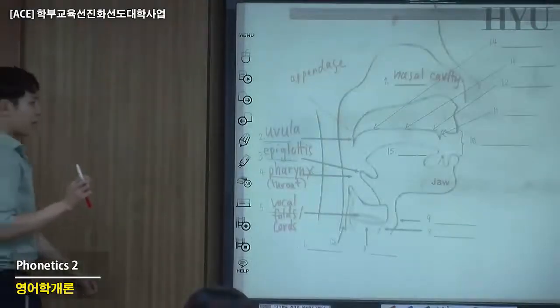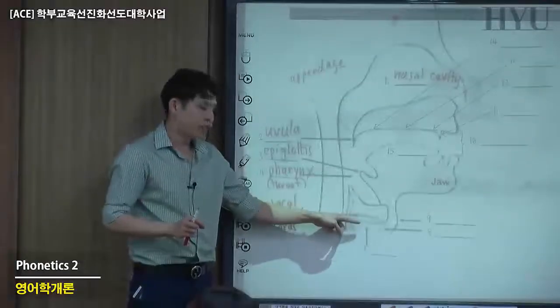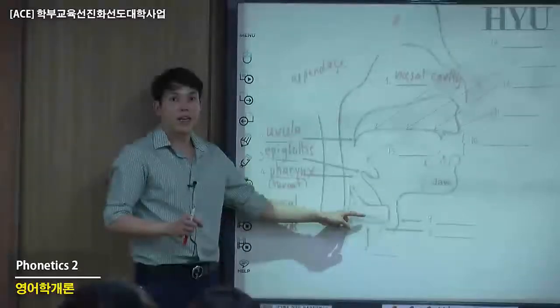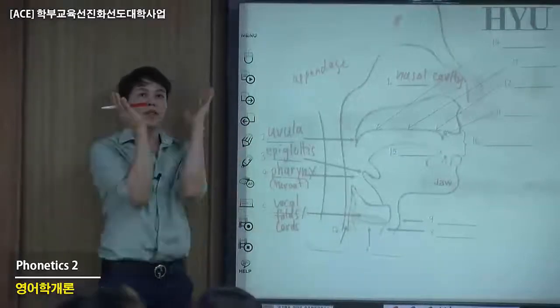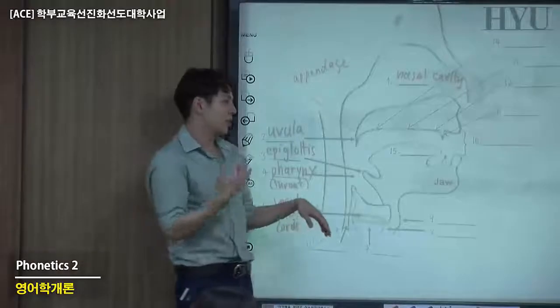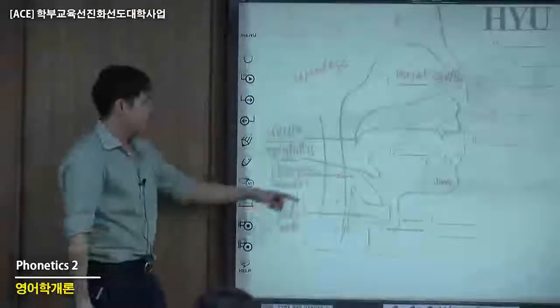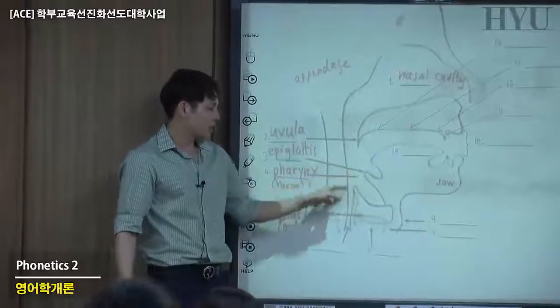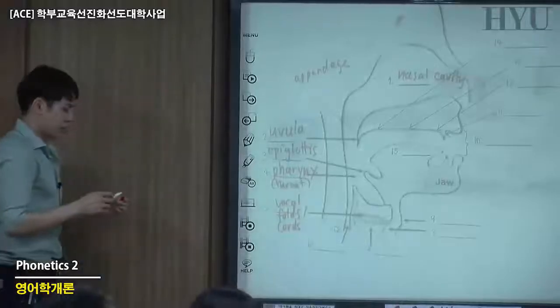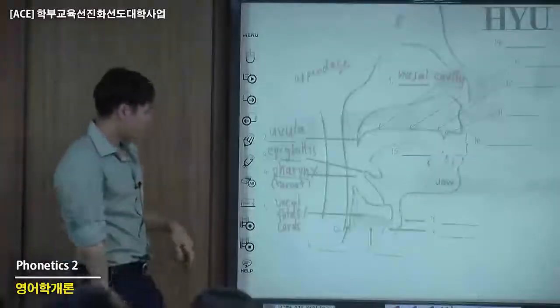And the space between the two bands is called the glottis, right? The open space between the two bands is called the glottis, so that the air can pass through it. And then you have the epiglottis, which could close up that space, preventing food from going in, right?